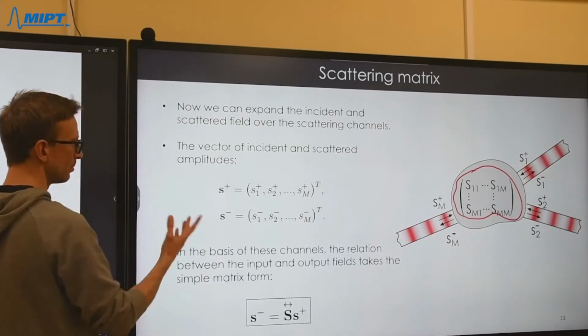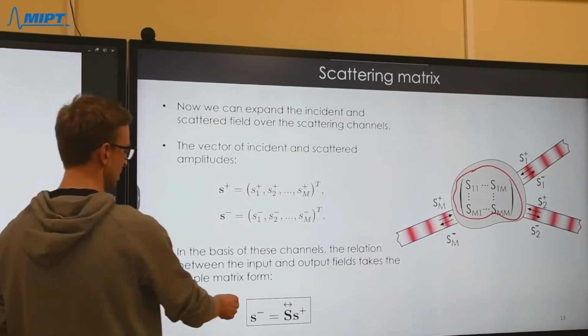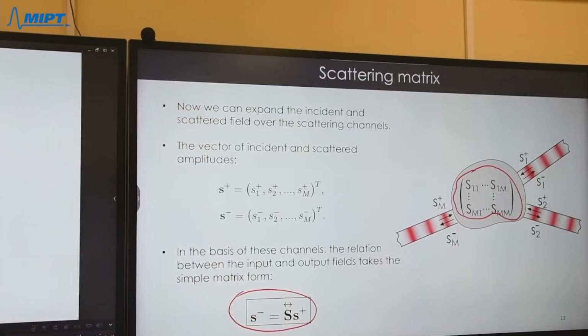And then by projecting the relationship between the scattered and incident fields onto these channels, we obtain the matrix formulation of the scattering problem, that S minus equals S matrix times S plus.